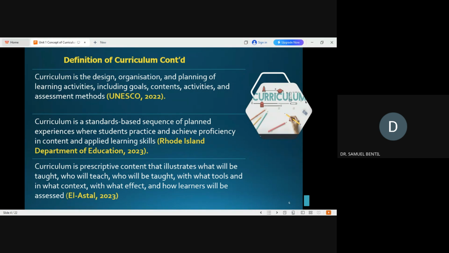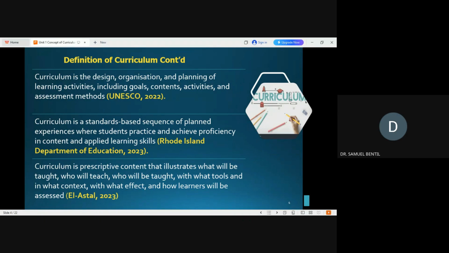L. Asta, that's 2023, are of the view that curriculum is prescriptive content that illustrates what will be taught, who will teach, who will be taught, with what tools, and in what context, with what effect, and how learners will be assessed. So the moment you hear prescriptive, it means that everything about the content is prescribed. That's why it's prescriptive.